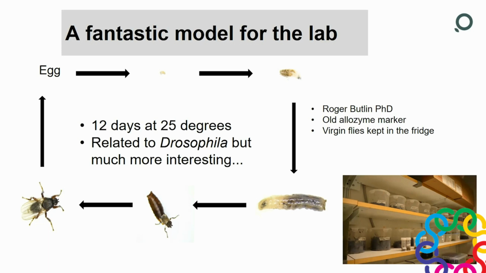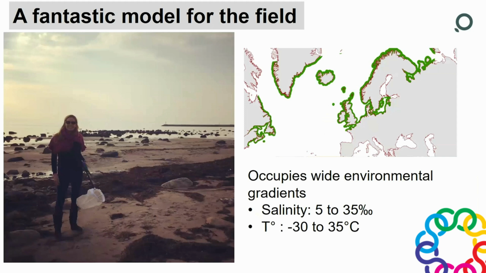They're not just good for the lab, they're also fantastic for the field because they occupy a really wide environmental gradient. You can catch them easily with just a little butterfly net that you see me holding there. And they're extremely tolerant to environmental extremes. So you can see the salinity and temperature gradient is massive. So great model for the lab, great model for the field, super cool inversion polymorphism, has massive effects on the phenotype.